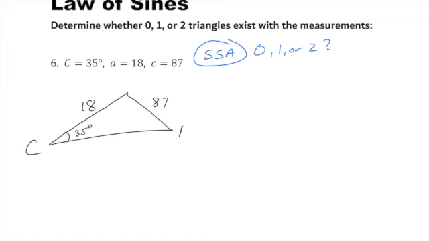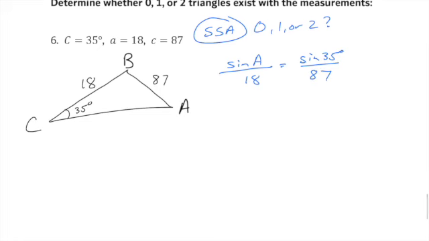Now, this was side A, the side of 18, so this is angle A, and that would be angle B. So the only thing you could find if you wanted is angle A. So sine of A over 18 is equal to sine of 35 over 87. And I intentionally used a really big side there to prove what we're about to do. So A is going to be the inverse sine of 18 times sine of 35 divided by that 87.